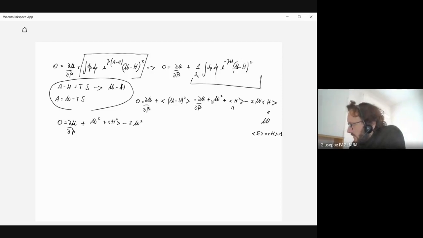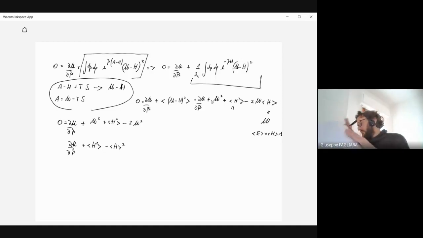Okay. Therefore, I get the derivative of u with respect to beta plus h squared average minus u squared minus 2u squared, which is just minus u squared, which is h average squared. Which of course has the shape of a variance.